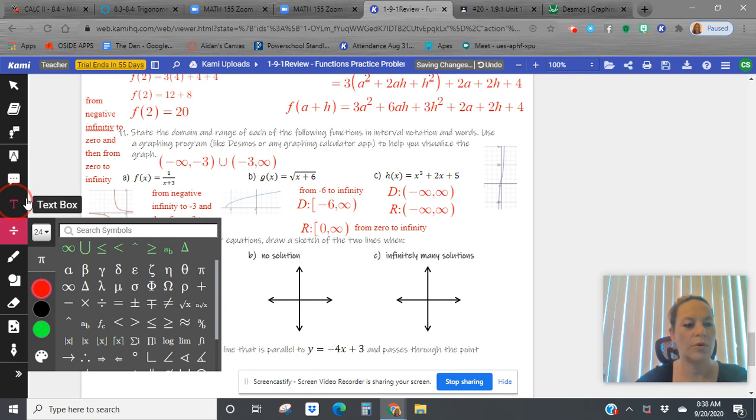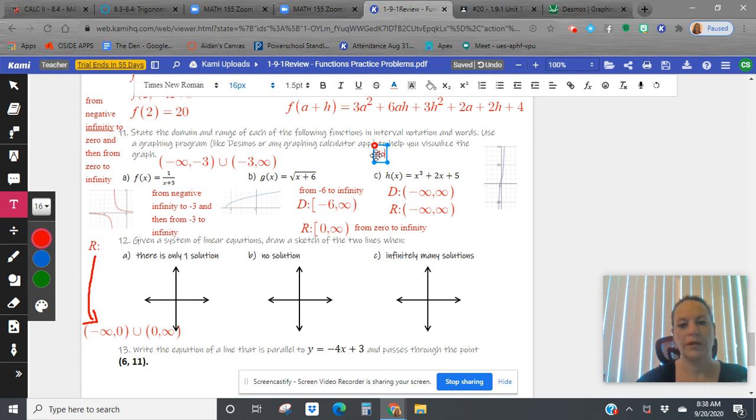How we say that in words: domain is all real numbers, range is all real numbers. You can also say is the set of all real numbers, and those mean the same thing.